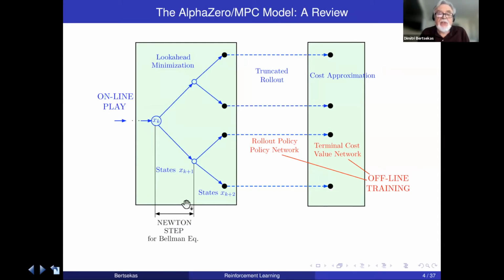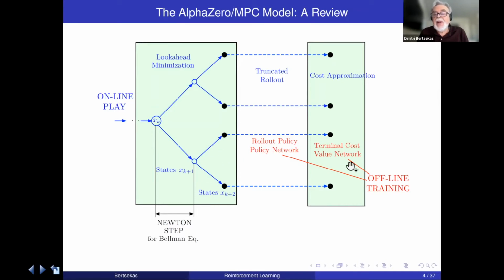The very first step of look-ahead minimization is also related to Newton's method. It's a Newton step. And we made an interpretation which we emphasized that the first minimization is a Newton step for solving Bellman's equation, and the remainder is preparation for the Newton step, setting up and improving the starting point for the Newton step.